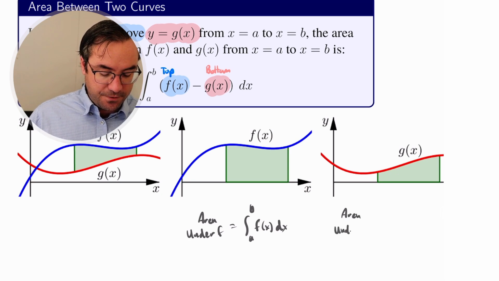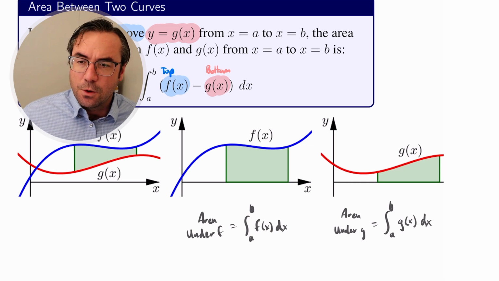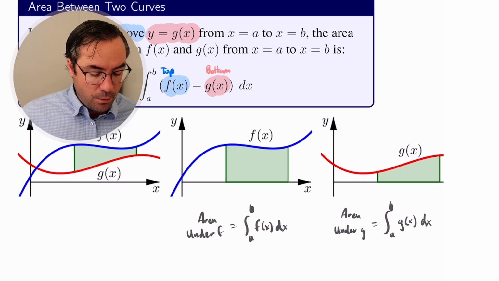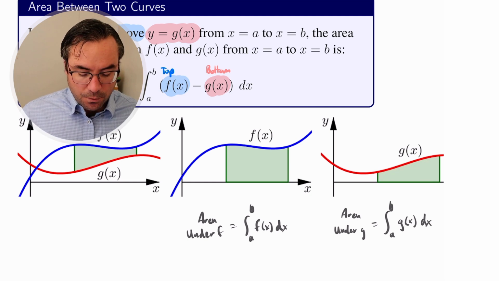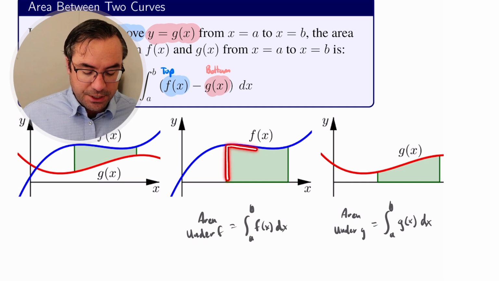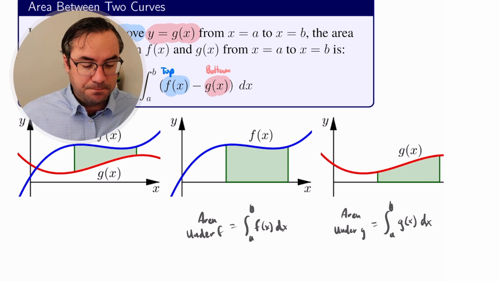So the area under function g would just be the definite integral going from a to b of g of x. Okay, well, we don't want this though. So the idea is we're going to go over to our region under f, and we're going to cut that out.